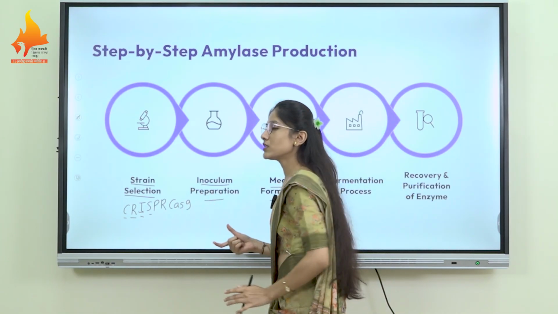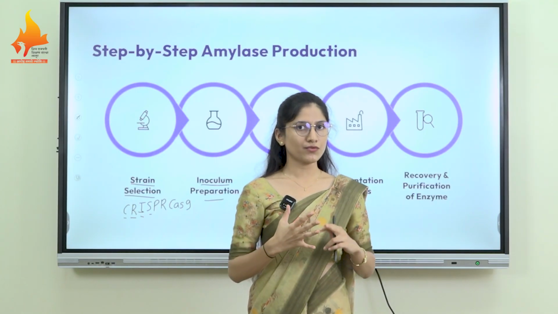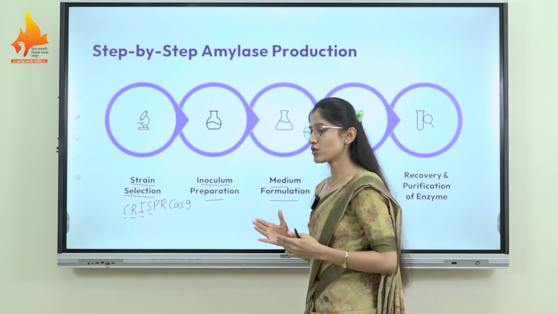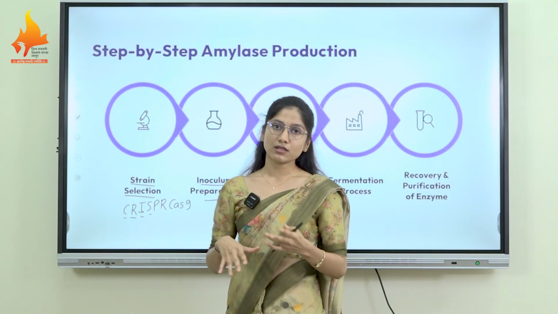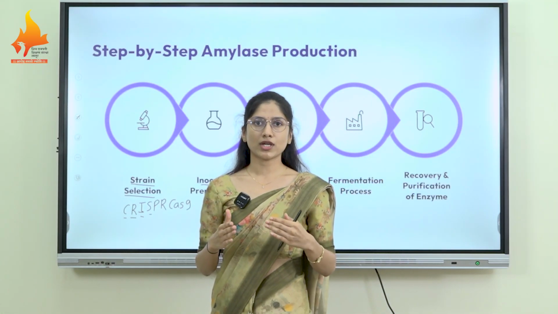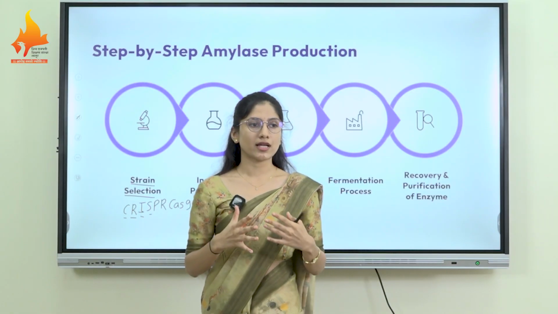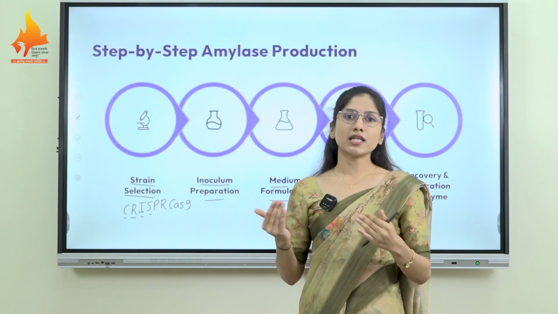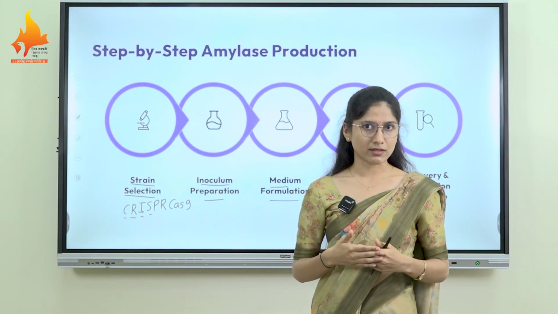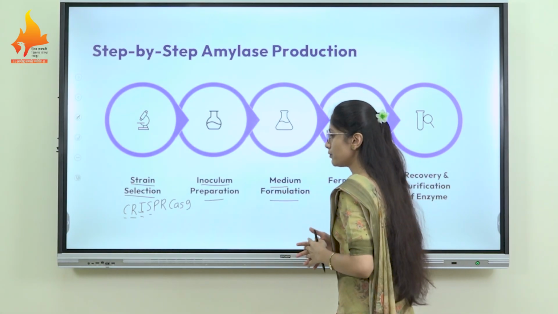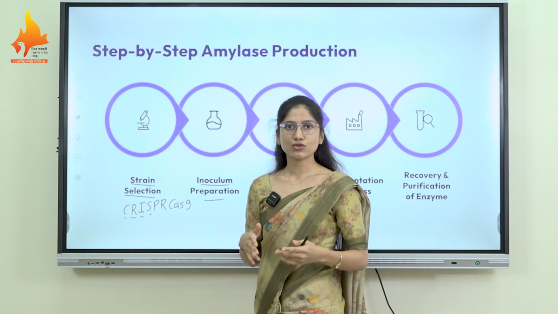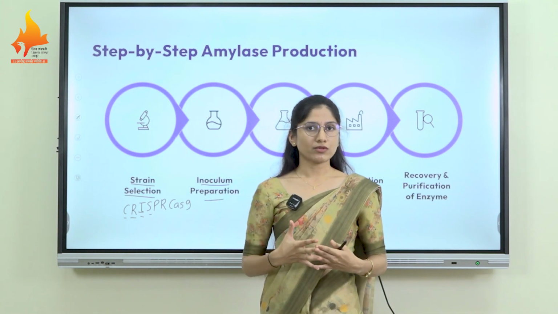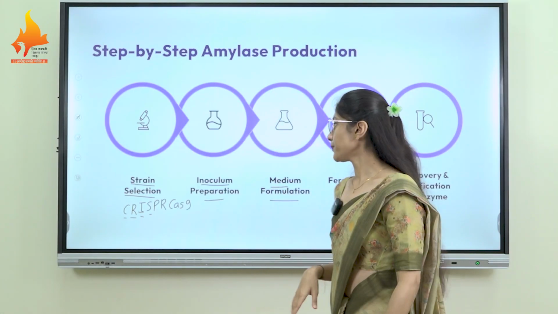This system is responsible for finding, deleting, and replacing a faulty section of DNA, and it is used to cure genetic disorders, enhance crop yield, and treat illnesses, for example cancer. We use these strain improvement techniques to develop a strain which gives the maximum amount of enzyme.